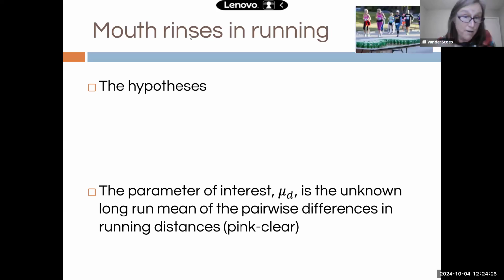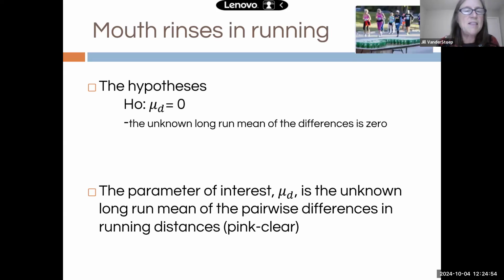Yeah, so the differences will be close to zero because those distances run are going to be roughly the same if it doesn't matter whether it's pink or clear that they're rinsing with. So if the distances are roughly the same and the differences of those distances are zero and I average a bunch of zeros, you know what I get? I get zero. So the null hypothesis is that the mean of those difference scores is zero.